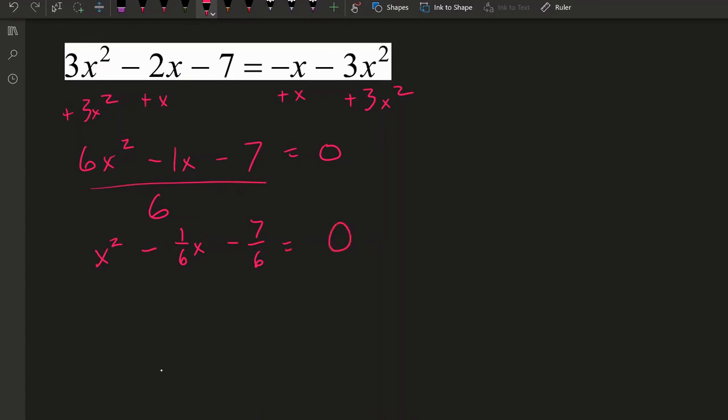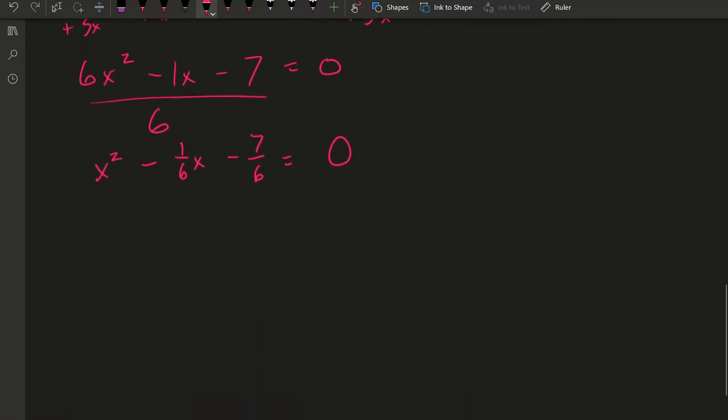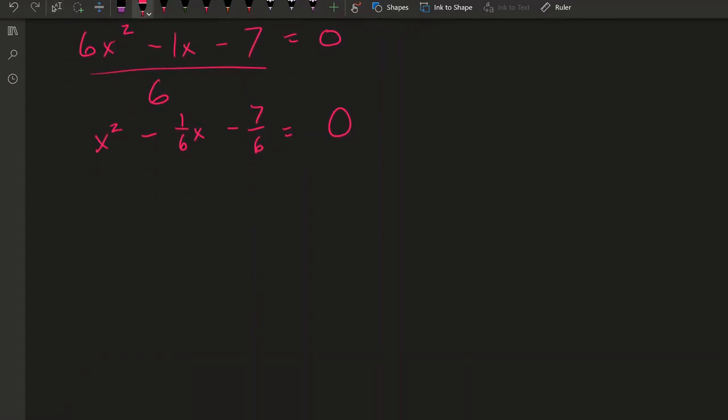Oh boy, now we're starting to get into the ugly stuff. Okay, so let's just dive straight in. What's the axis of symmetry here? The axis of symmetry is positive 1/6 over 2 times 1. In this case, I'm going to deal with fractions here.